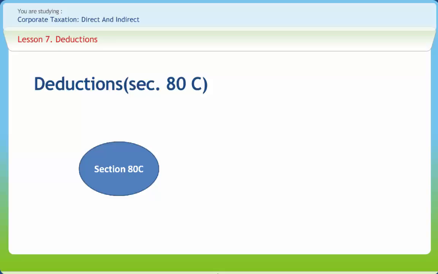This means that your income gets reduced by this investment amount up to rupees 1 lakh and you end up paying no tax on it at all. This benefit is available to everyone irrespective of their income levels. So let's understand the qualifying investments first.